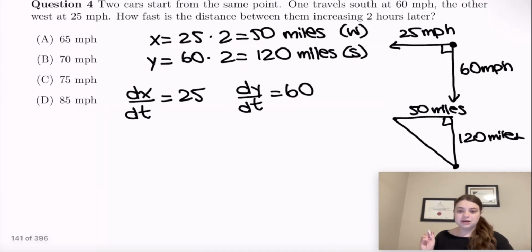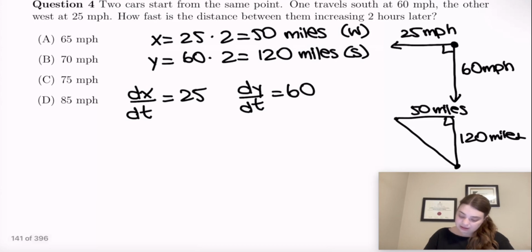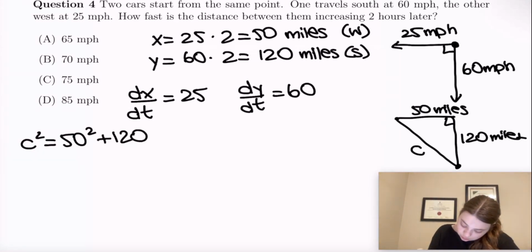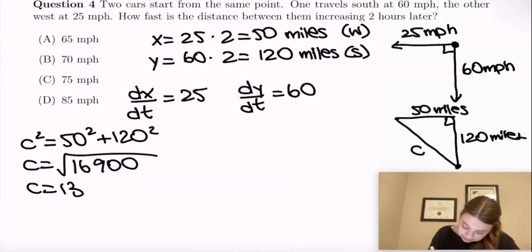So to do that, I'm going to be using Pythagoras' theorem, we'll call this c, that c squared is equal to 50 squared plus 120 squared. That means c is equal to the square root of 16,900, which is equal to 130. So therefore, their distance is 130 miles.